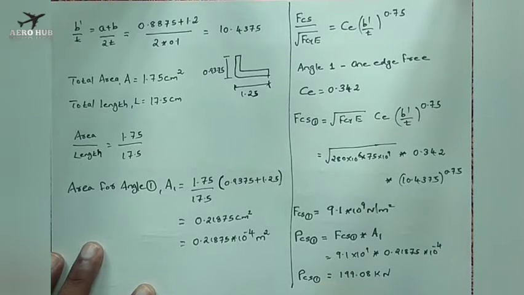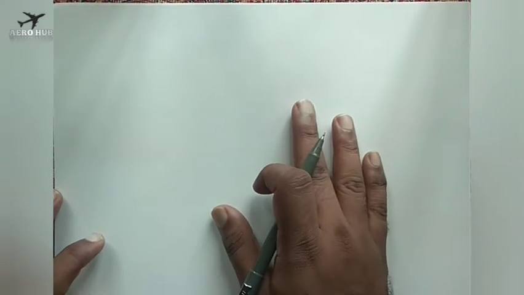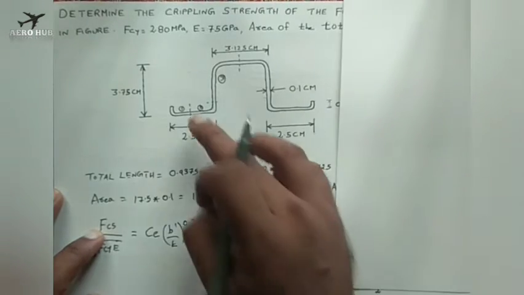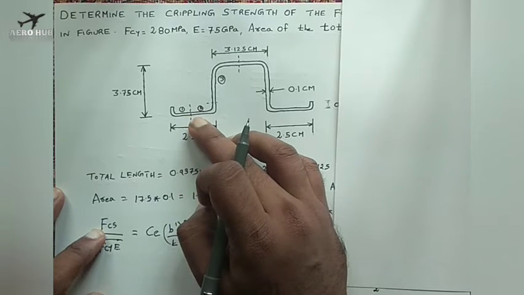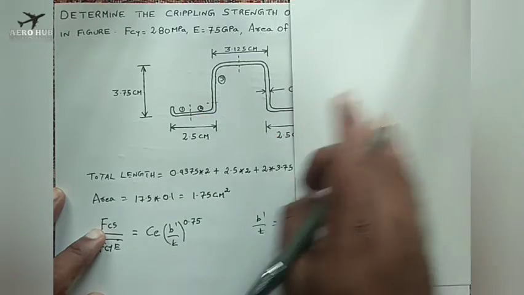Okay, now we will consider angle number 2 to find out the crippling load of angle number 2. You can see here in our question, this one is angle number 2. Angle 1 and angle 2 have the same dimensions, and there will be a change in the value of CE, that is the value of end fixity coefficient.